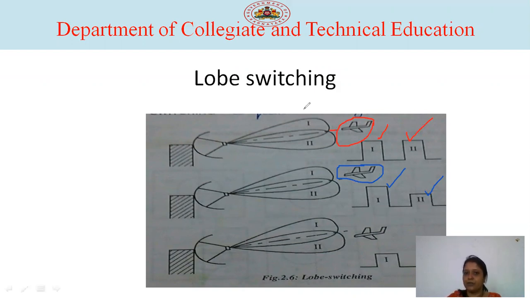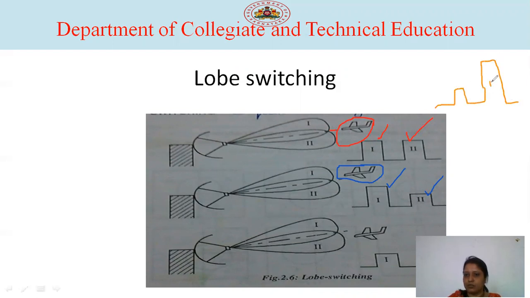Now if you observe the next one here, that is 192 again. Suppose again in position 1 a particular echo signal is received, and again in position 2 it is received. Now in this case what will happen? It is closer to position 2. Therefore which type of waveform will we get? In position 1 it will be very small, but in position 2 we will get a large one.